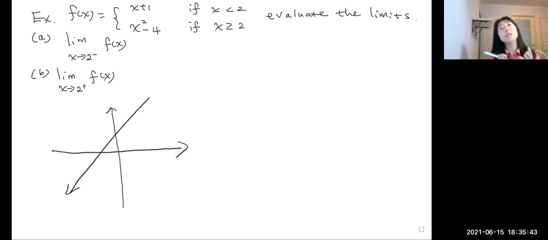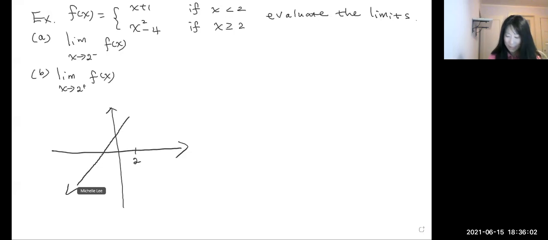This is a piecewise function, right? X is less than 2, so let's say the 2 is here. There is no equal sign, so we make a hole.